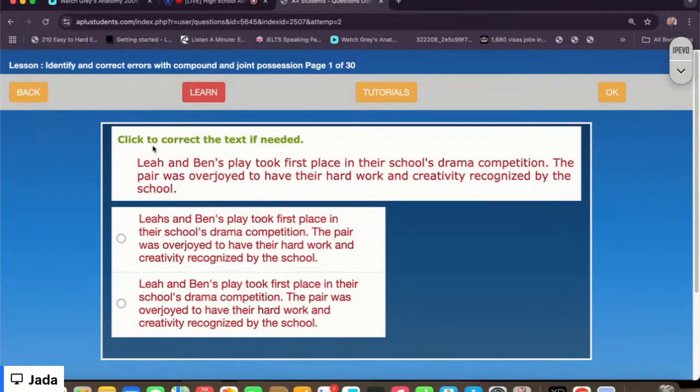So click to correct the text if needed. Leah and Ben's play took first place in your school's drama competition. The pair was overjoyed to have their hard work and creativity recognized by the school. So it shows that is what? Joint possession.